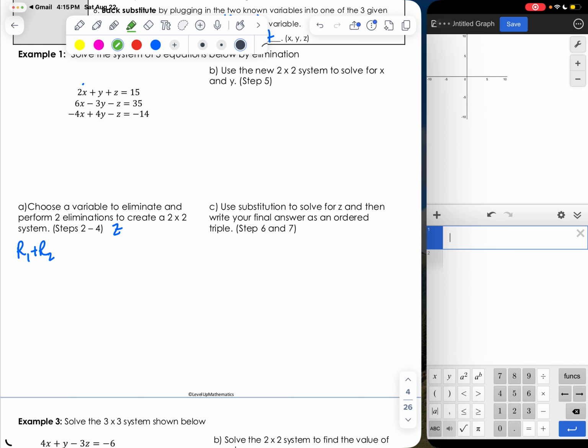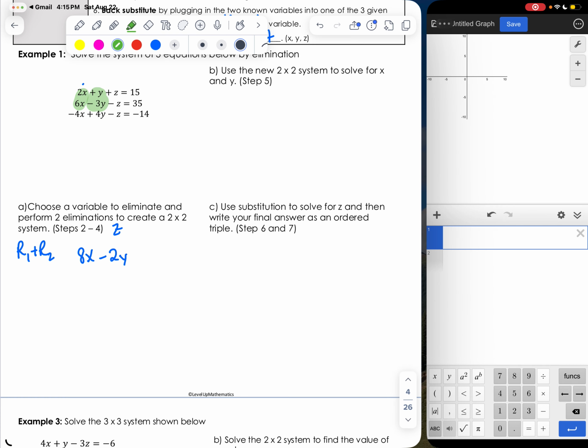So let's see what we do when we combine those. First, combine 2x with 6x, and that will give you 8x. Then combine 1y with negative 3y, and that will give you negative 2y.